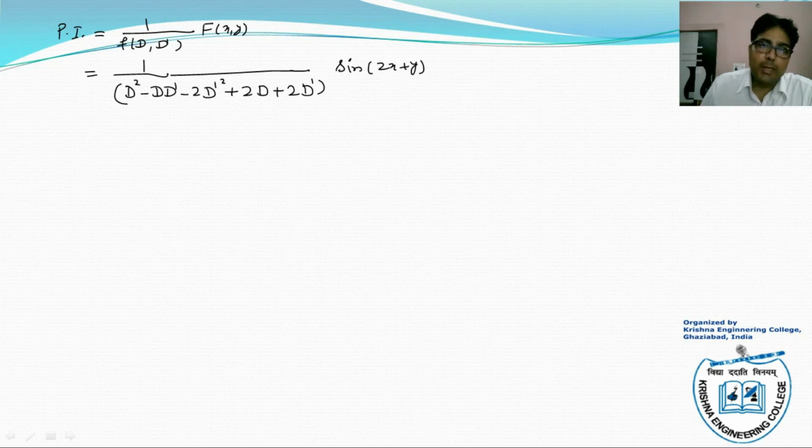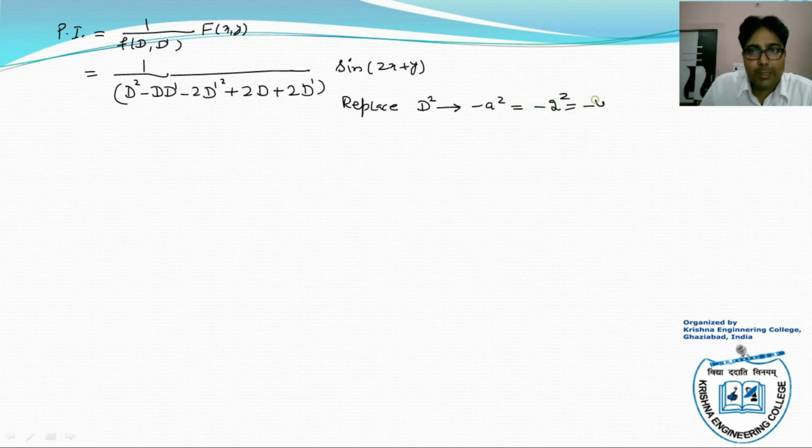For finding the PI in the case of a non-homogeneous linear partial differential equation with constant coefficient, replace D squared by minus a squared. Here a is 2, so this becomes minus 2 squared, that means minus 4. And D' squared, replace with the coefficient of y: here the coefficient of y is 1, minus b squared, minus 1 squared, that means minus 1.